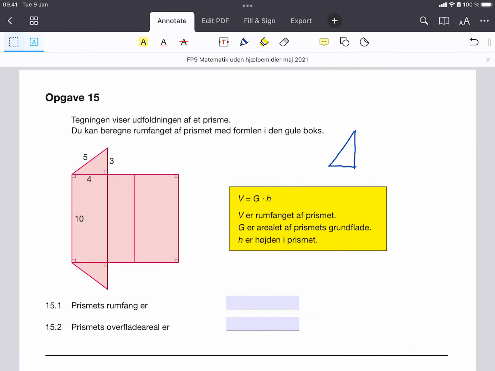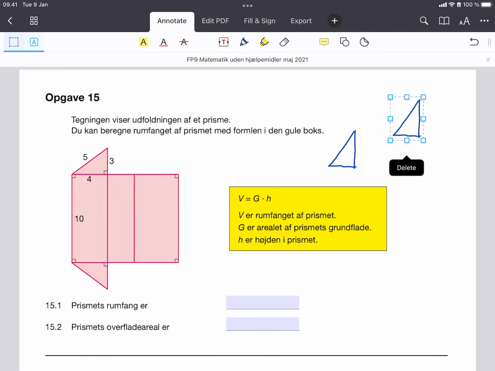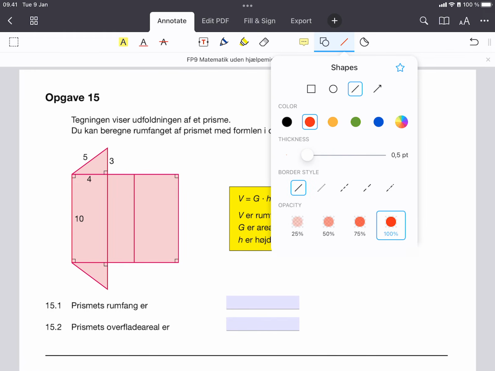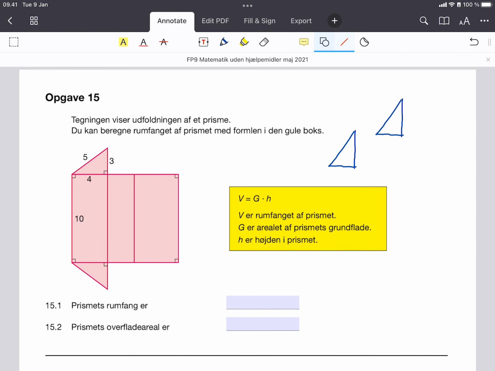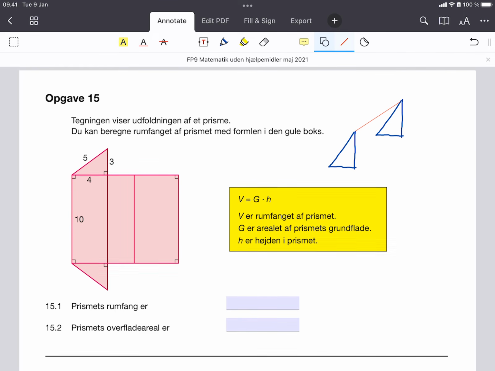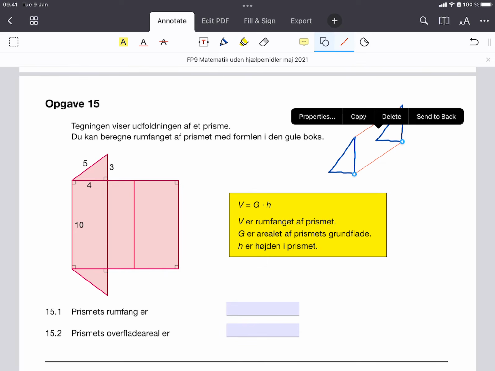Copy, paste, there we go. So it's got a triangle at the front, a triangle at the back, and it's joined up. Like that, and like that.